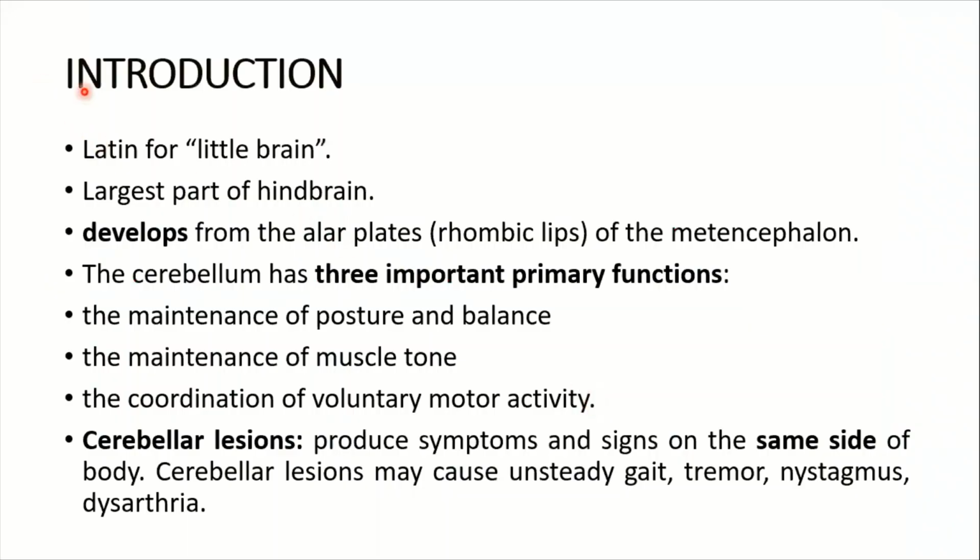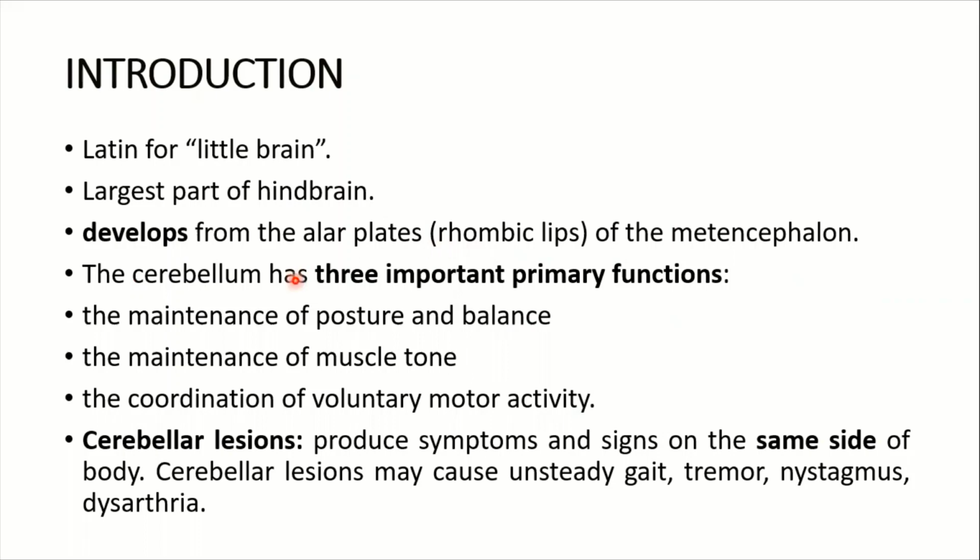So in the introduction, we'll see its origin. It originated from a Latin word meaning little brain. It is the largest part of the hindbrain, rhombencephalon, right? Its development, briefly, is from the alar plates or the rhombic lips of the metencephalon. The cerebellum has three important primary functions.